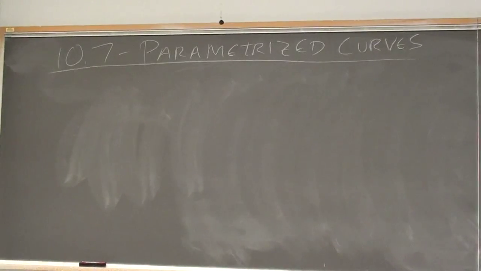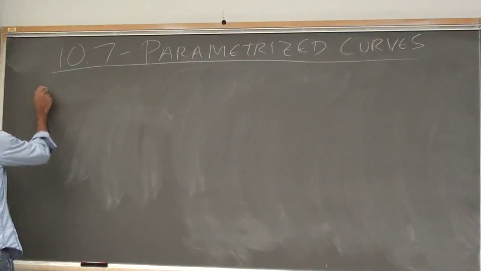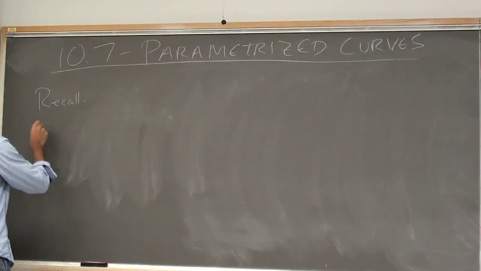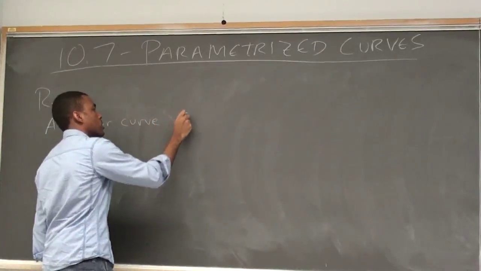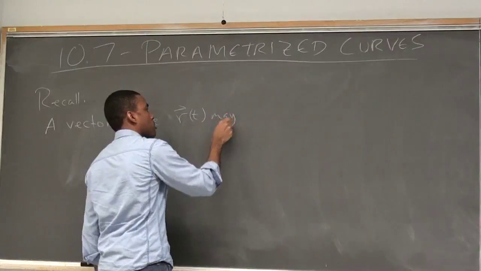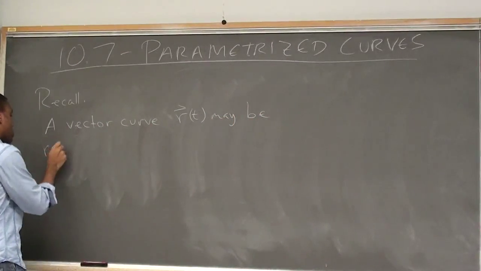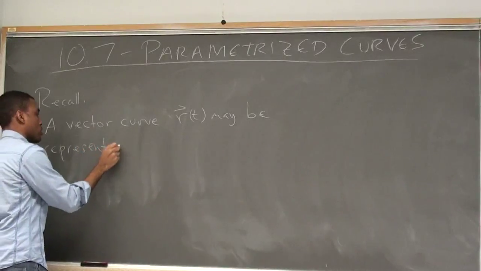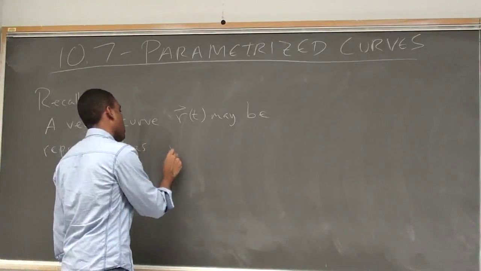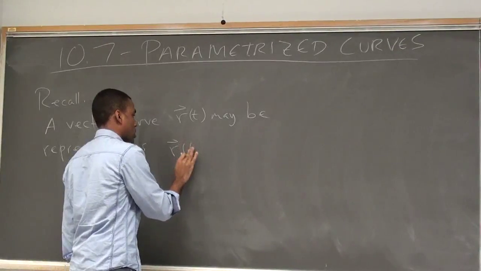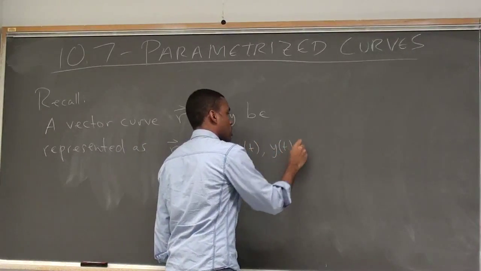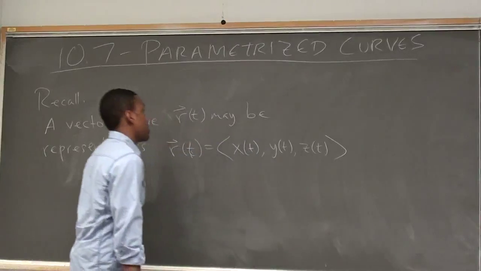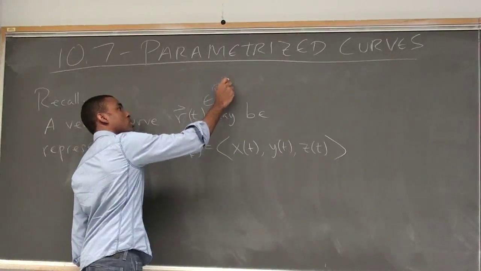But we're going to start with parameterized curves, and we're just going to go over some basic definitions just to jog your memory. Called a vector curve r(t). This is a vector curve in free space, right?